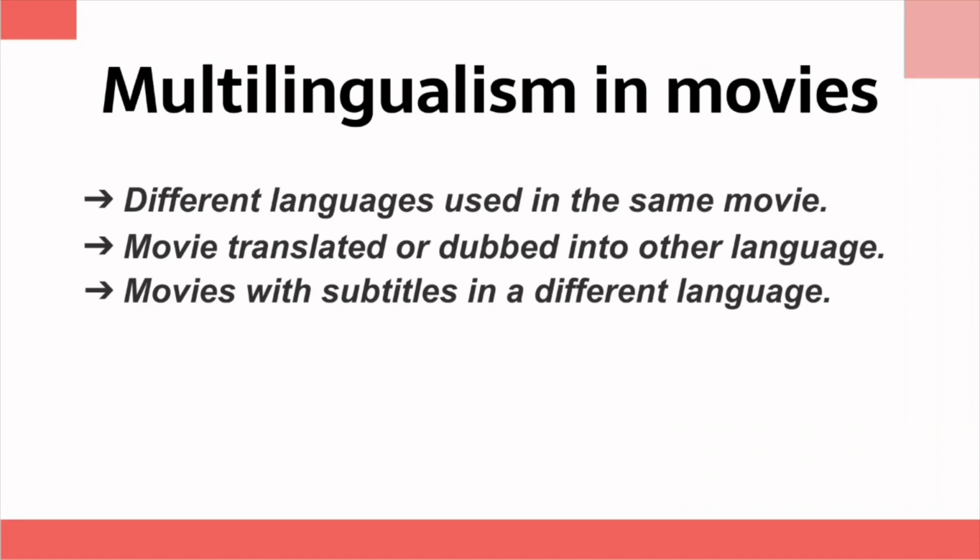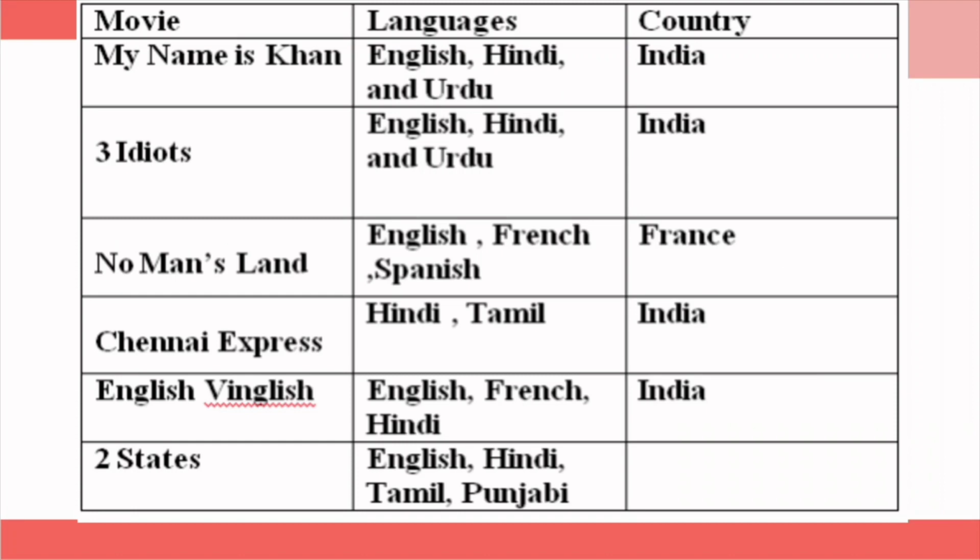Now, to review any movie, first you need to view it keenly. While watching the movie, you can focus a little on the use of different languages or dialogues used in it. Here, I have given a list of some movies based on multilingualism. You can choose any of these movies also to write your review.